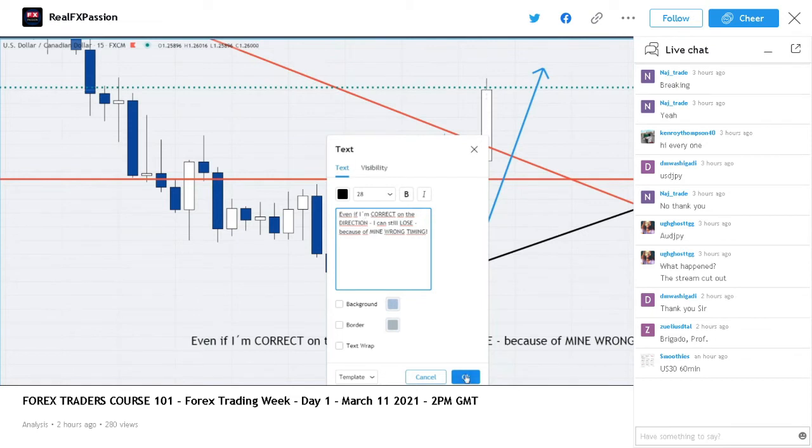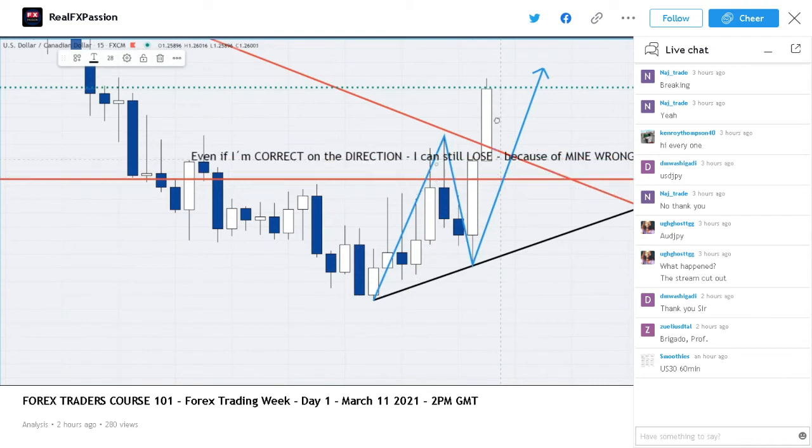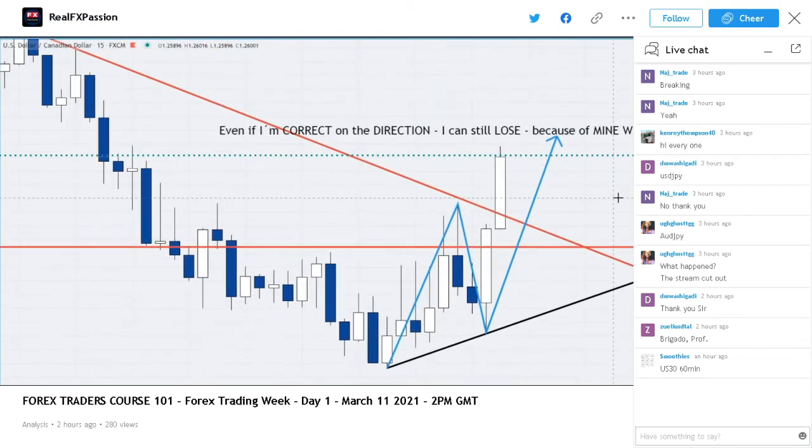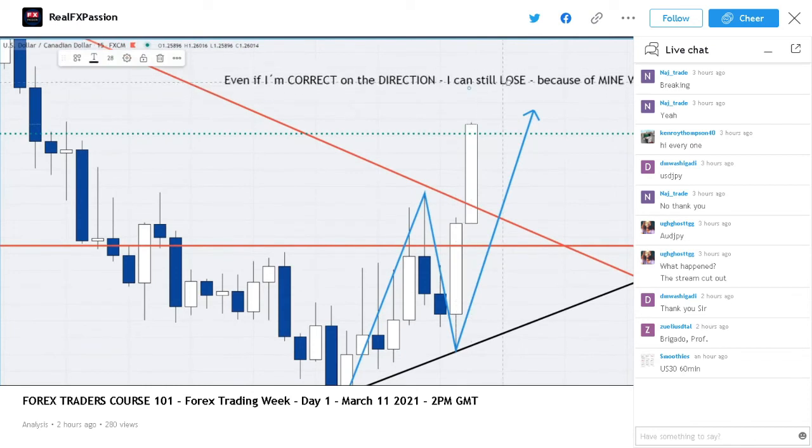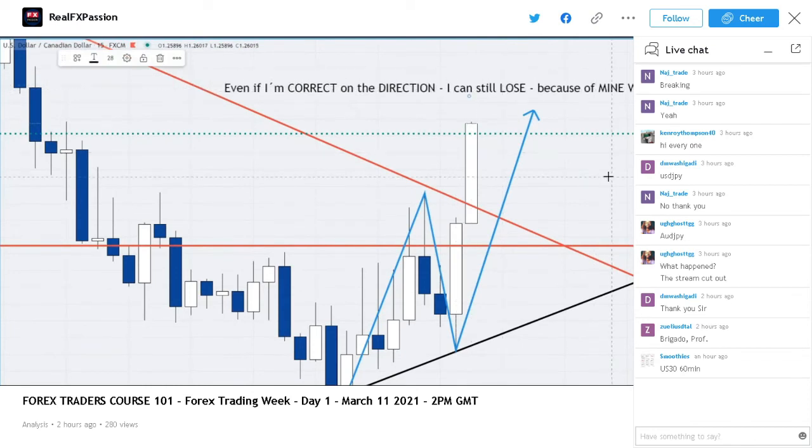It's me as a trader that I'm doing this, everybody. It's not the market. Makes sense? If I'm telling myself I'm going to short at 1.2600, even if I'm correct on the direction, I can still lose because of my wrong timing. This is me. It's my decision.